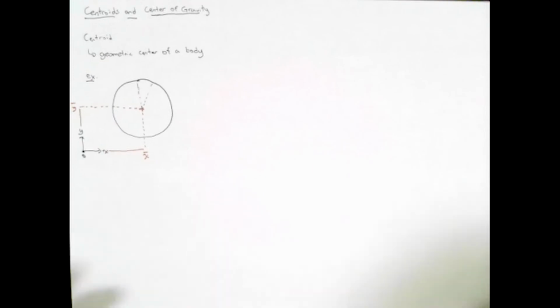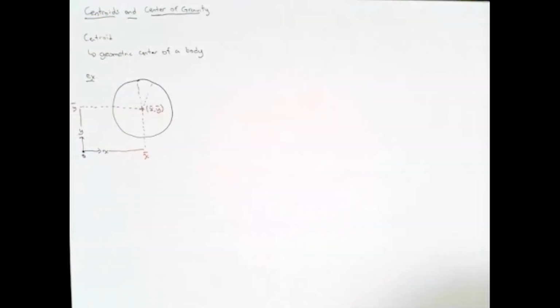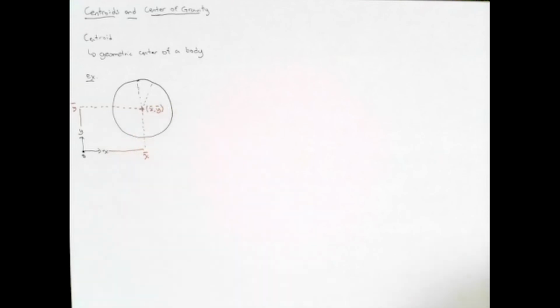And what that means is that this centroid will have coordinates of x bar and y bar. Now here's your first bit of new information for this material. When we look at the coordinates of a centroid, we typically represent them with x bar, y bar, and z bar. Okay, so coordinates of the centroid, x bar, and y bar.